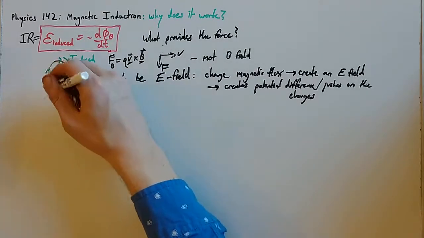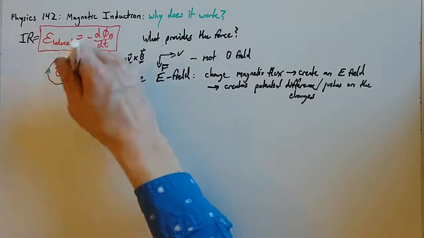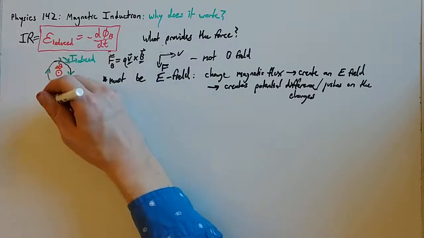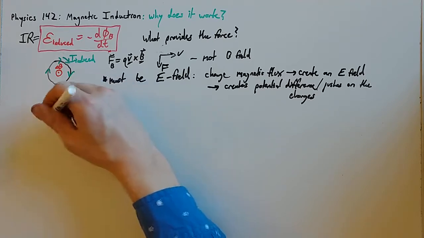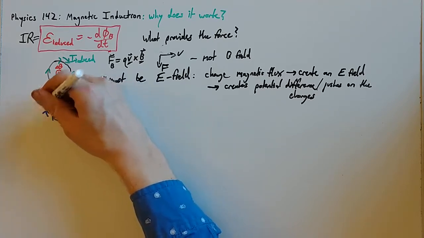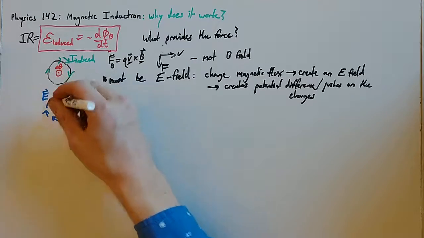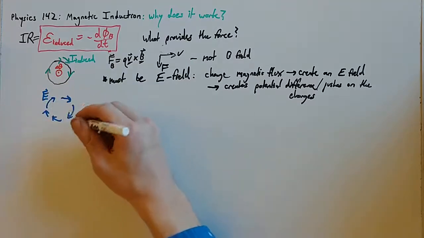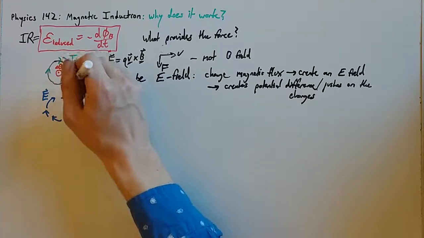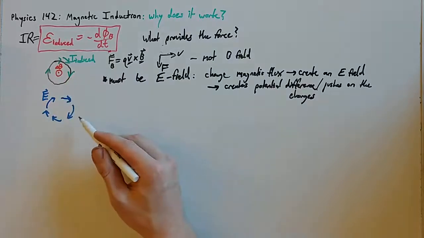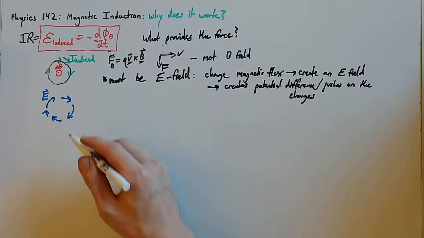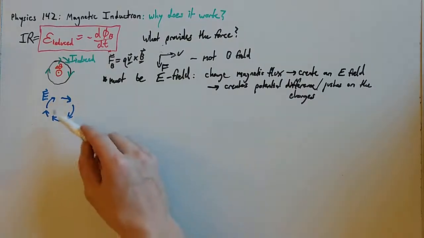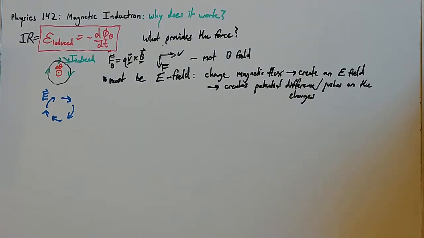So the electric fields that would get particles moving in a circle, maybe they would look like this. They must be these sort of circular electric fields. That would be the kind of electric field that would actually make a push that would get things going in a circle. Because remember, electric forces are along electric field lines.